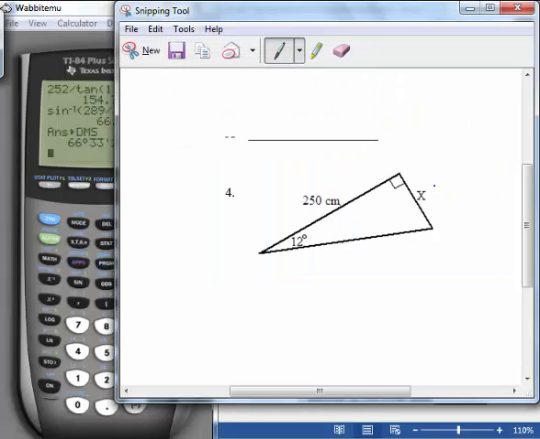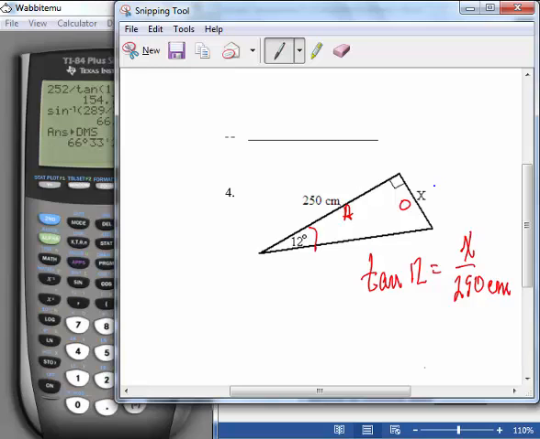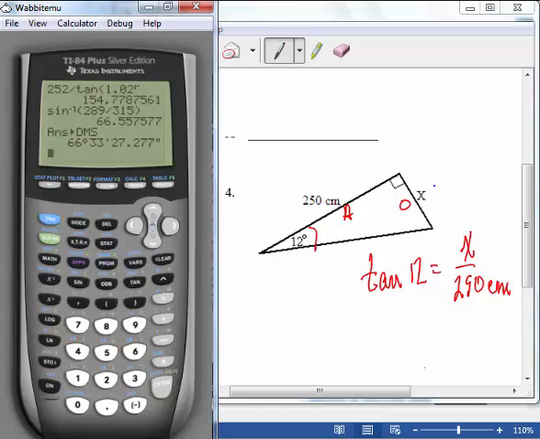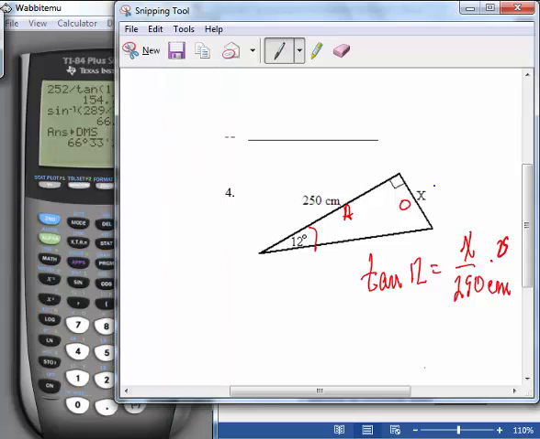Okay, so for this angle, this is the opposite and this is the adjacent. So we will have tangent 12 degrees is x over 250 centimeters. So multiply both sides by 250.